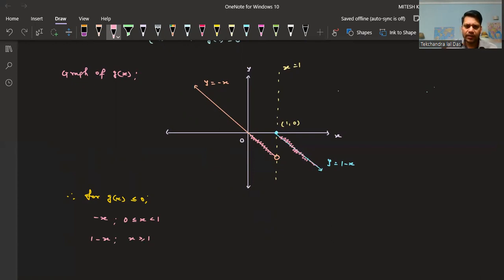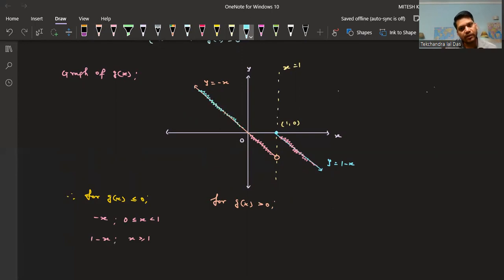Similarly, we have to write for g(x) greater than 0. The only part is here, that is this one. Let me mark this part. Clear?